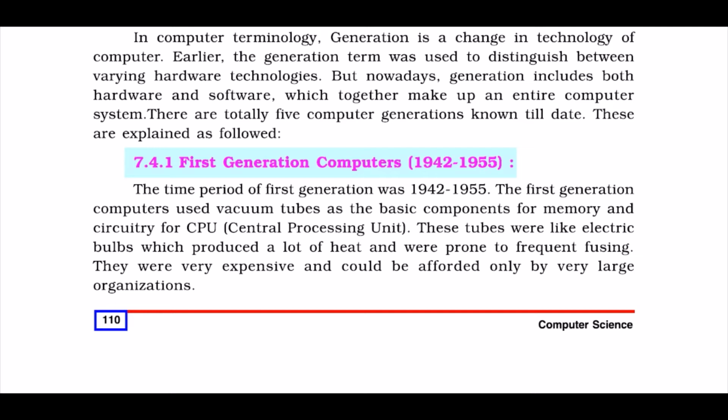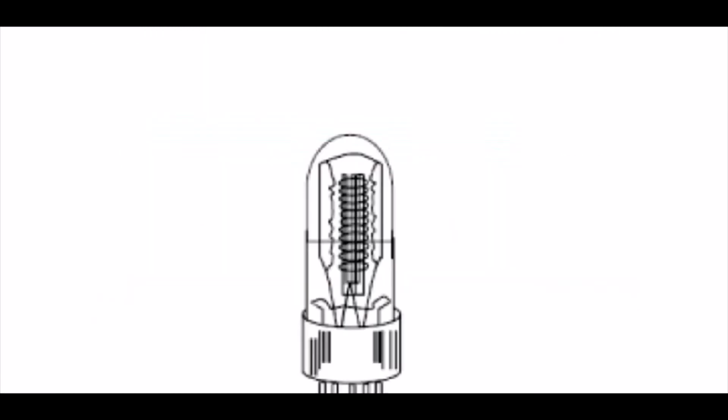These tubes were like electric bulbs which produce a lot of heat. Now what happens when you light up a 100-watt bulb in your room? After some time it starts to heat up and produces heat in the room. In the same way, when you have a lot of CPUs made of vacuum tubes, it was very difficult to handle. They were very expensive and could be afforded only by very large organizations.